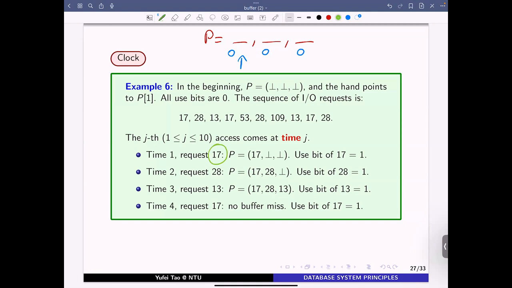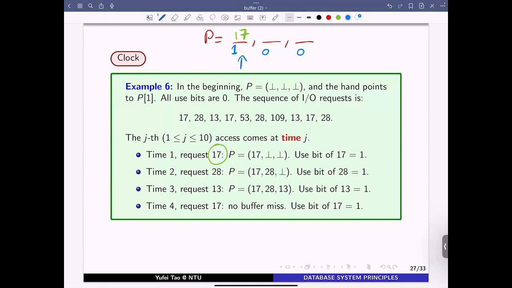Now let's run the algorithm. The first one, 17. That's a miss. Sorry, it's always a miss for the first one. So 17 goes into a frame. 17 has been recently accessed, and that's why we change this bit from 0 to 1. Once again, 1 means recently accessed. Every time you access the frame, you always set the bit to 1.